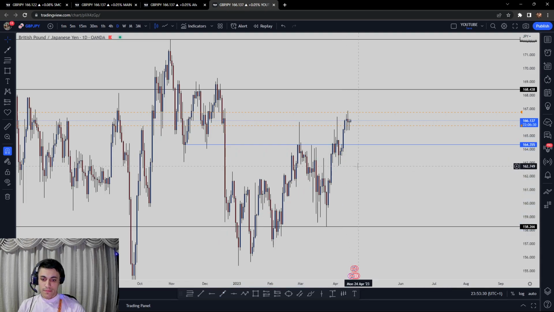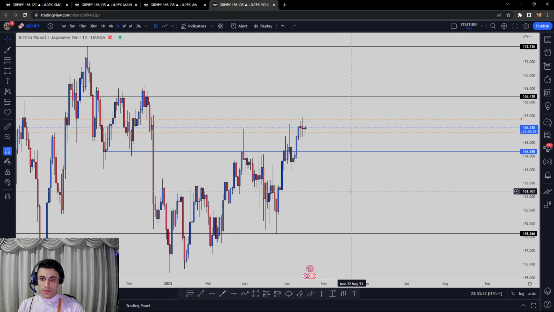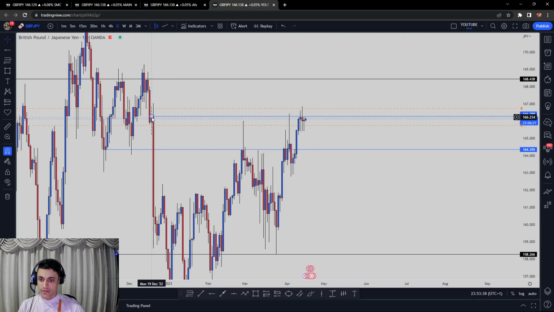That's a valid area. Oh, look at that. Perfect. Boom. That's another resistance area. From these two candles, the market beautifully respected it and gave us a bearish engulfing on the daily time frame.